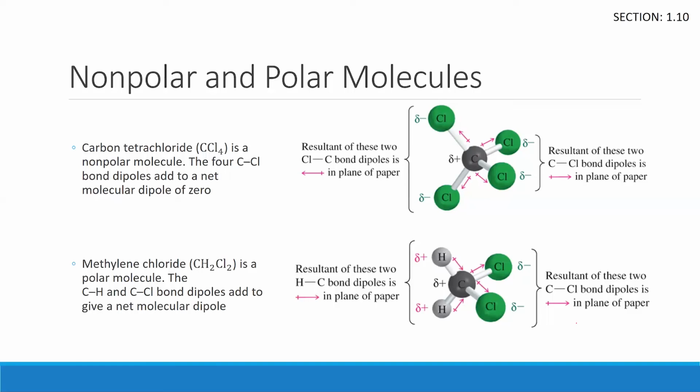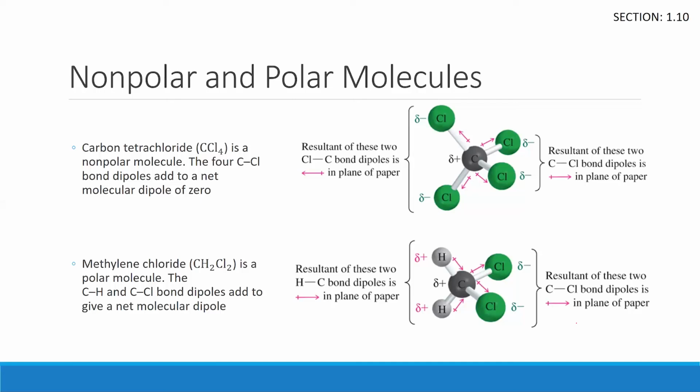So again, structure and understanding the three-dimensional structure of molecules is very important for polarity and understanding how things can be polar. The key is that shape and symmetry are going to tell you the polarity. So another example here, we have carbon tetrachloride, carbon with 4 chlorines on it. Each of the chlorine atoms are very electronegative compared to the carbon atom.